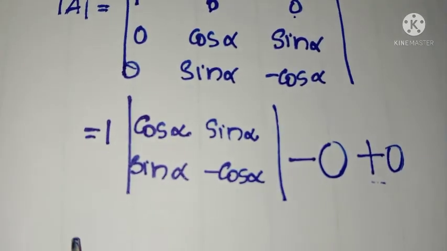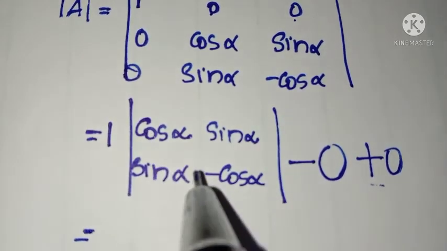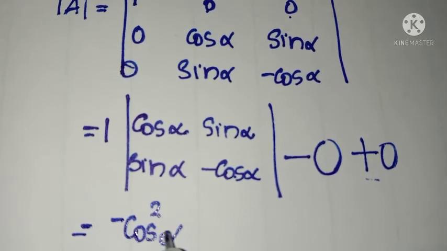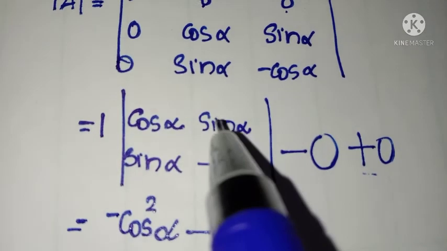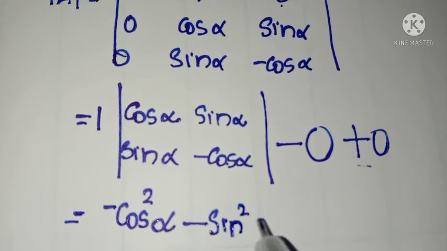So we have only one term: 1 into the determinant, cos alpha into -cos alpha, that is -cos square alpha, minus sin alpha into sin alpha, sin square alpha.